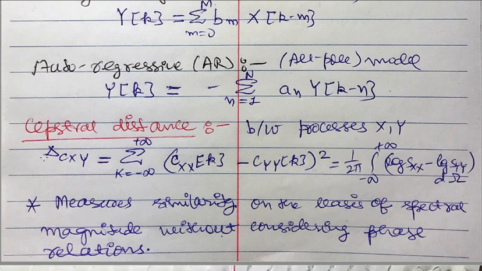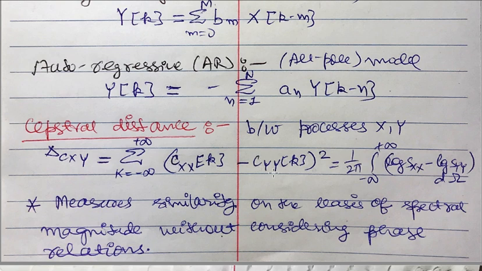Delta is like distance, and the sum is from k equal to minus infinity to infinity. It is just a way of writing. In reality, we don't have infinite samples in any of them, so these are just some measurable quantities. And we take Cxx of k, which means we have the autocorrelation function, the covariance function of x with itself.